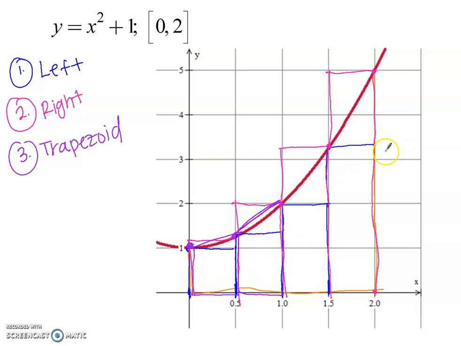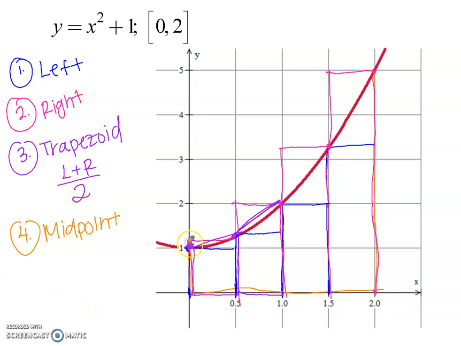And then you would add up the area of those 4 trapezoids. Usually the easiest way to find the trapezoid is to take the left-hand and right-hand sum and find the average of those 2. And then the very last type that we have is a midpoint sum.